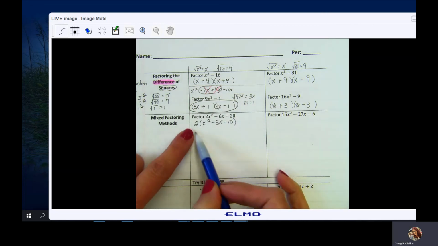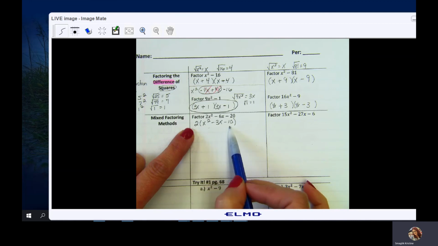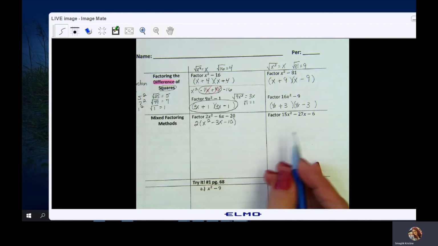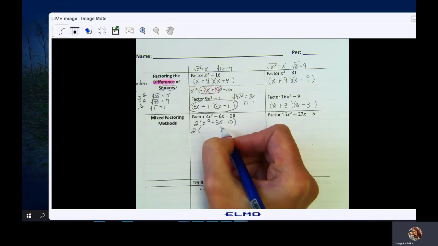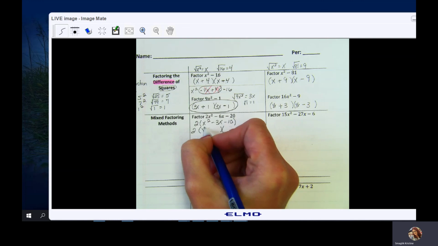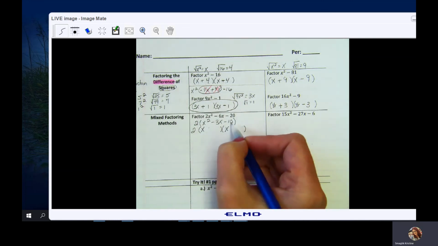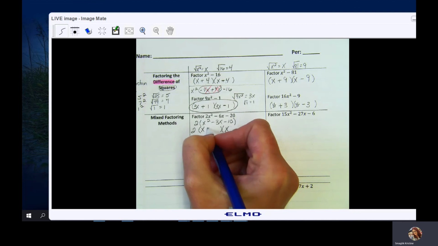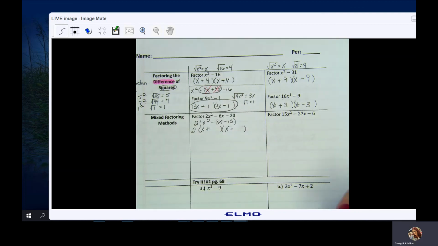I factored out a GCF first, and now I'm going to factor this trinomial on the inside. It has a leading coefficient of 1, so I'll put in my parentheses and drop in my x's. My c value is negative, so I know that is plus, minus.